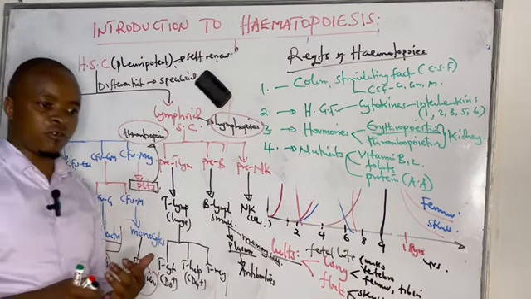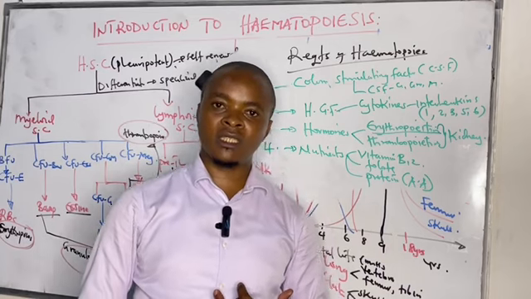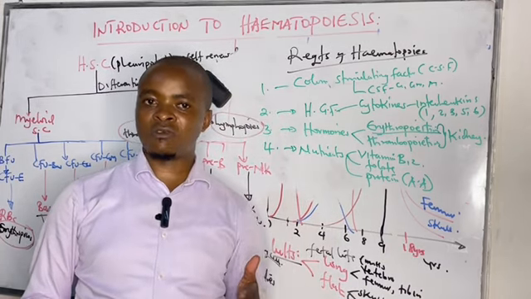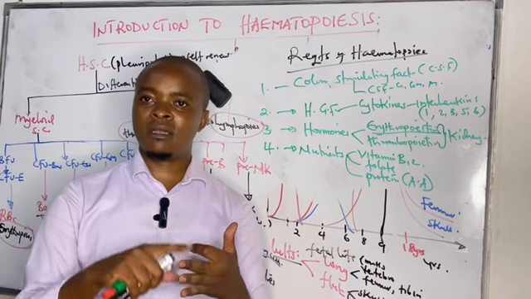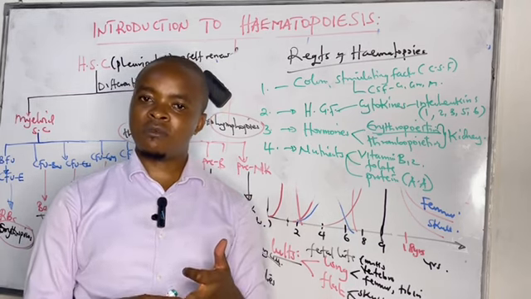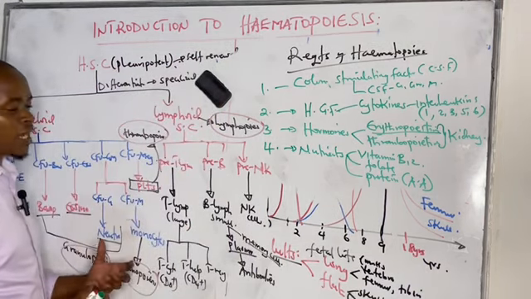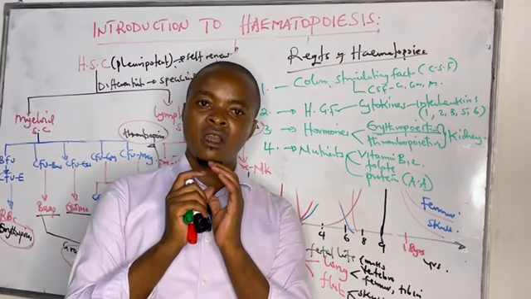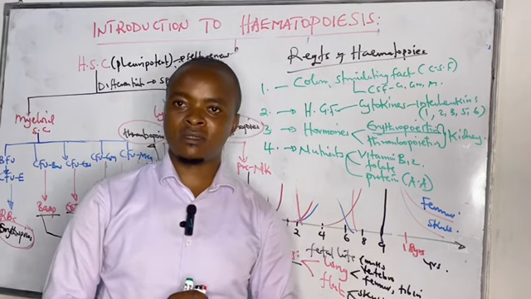In this video we have looked at the introduction to hematopoiesis, whereby we have seen hematopoiesis in the fetus and the different stages, which we have talked about: mesoblastic, hepatic, and the myeloid stage. From there, we have seen how hematopoiesis occurs in adults, that in adults it becomes committed to the ends of the long bones and flat bones.